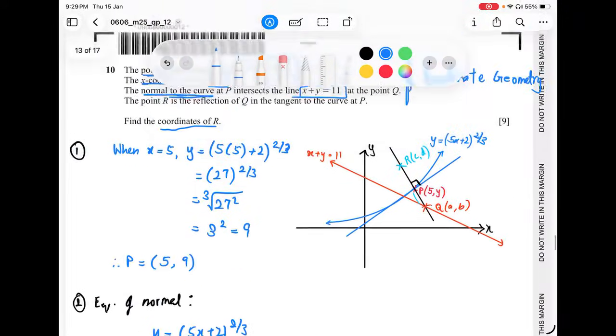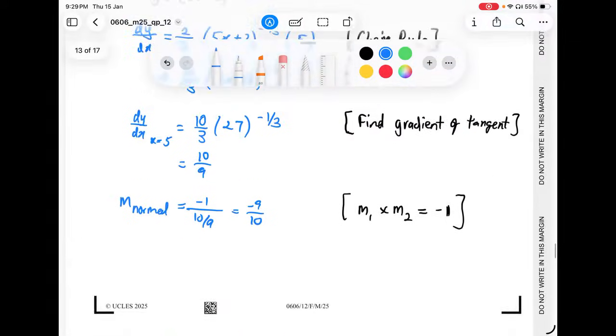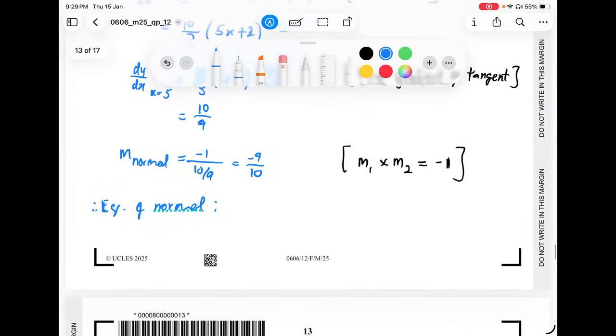So now the equation of the normal. You know that the normal is passing through 5, 9, and then you just find the equation. So therefore the equation of the normal is going to be, here you use this formula again, y minus y1 equals m times x minus x1.